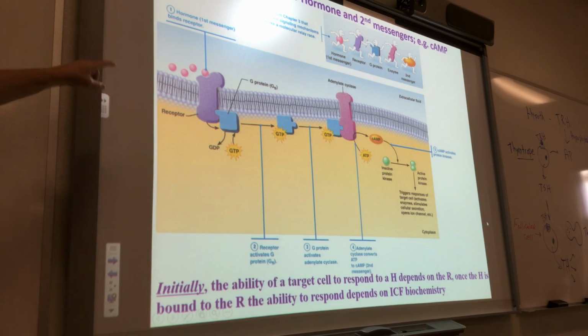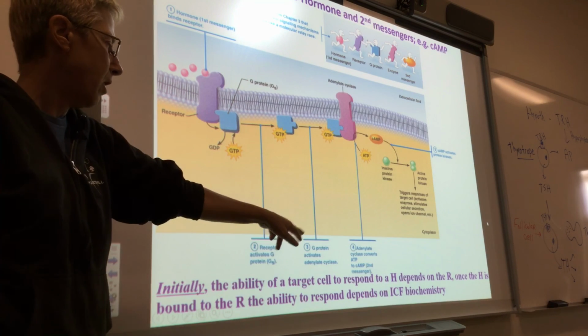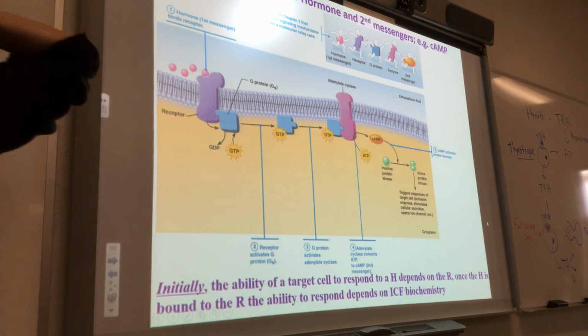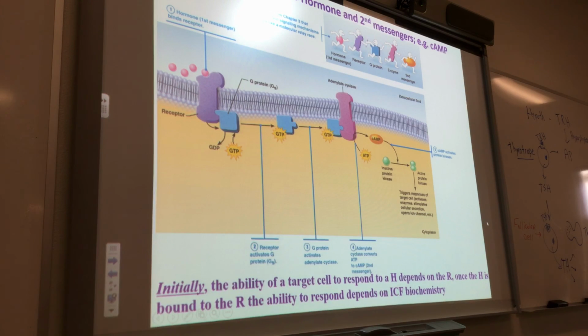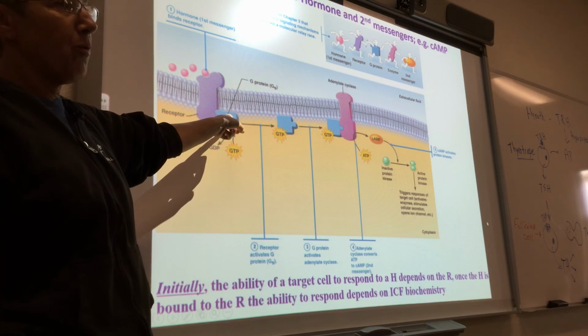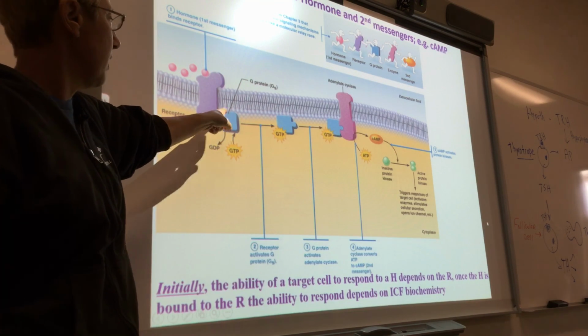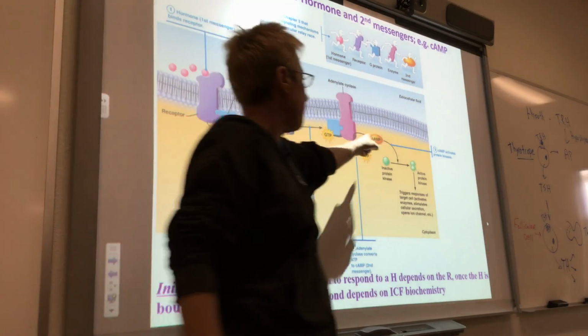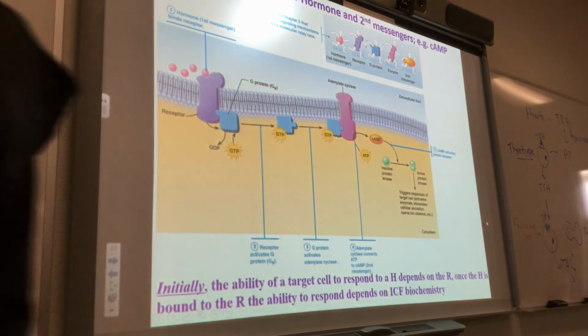Once the hormone binds to the receptor, the ability to respond to that hormone depends on ICF biochemistry. What's ICF? Intracellular fluid biochemistry. So all I mean by that is if someone has a disease where they can't make a G protein, then even though the hormone bound to the receptor, if that person can't make this G protein, you can't make the second messenger cyclic AMP, and you can't get the cell to do what you want it to do.